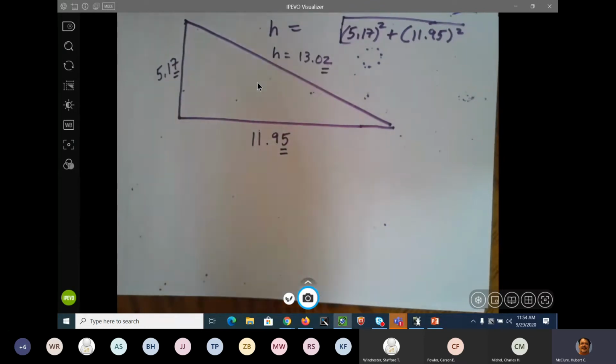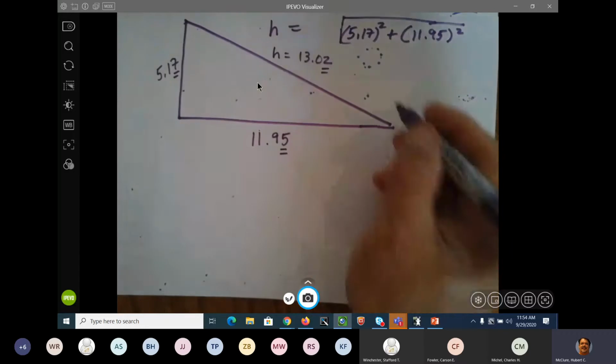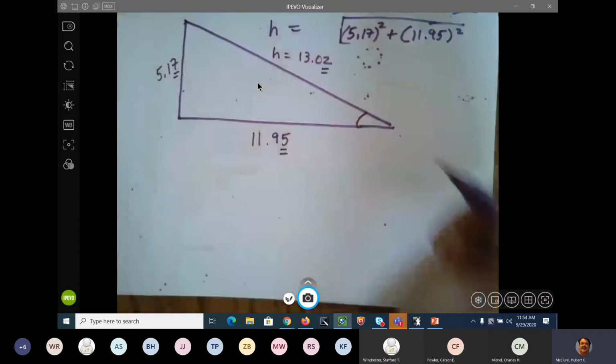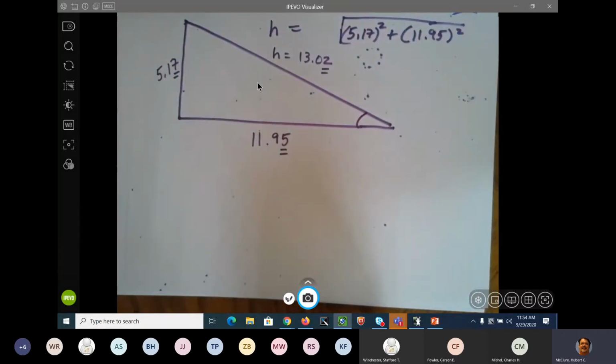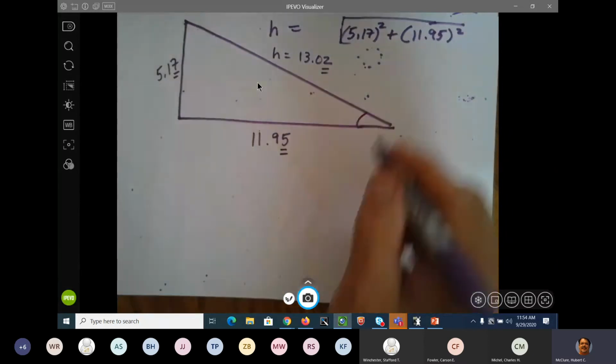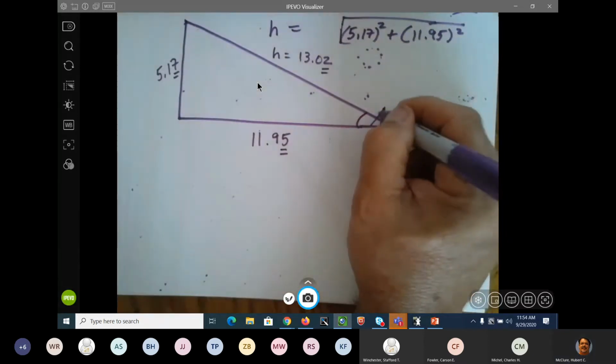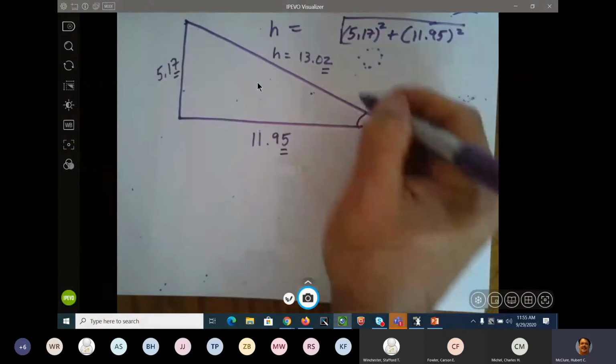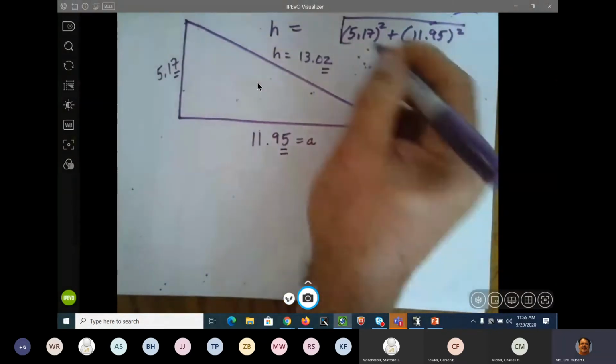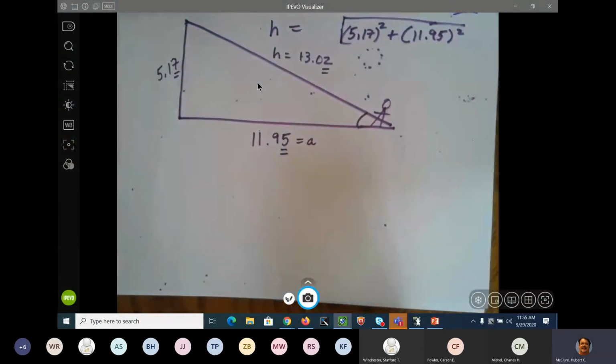All right, now I'm ready. I can do anything I want with this problem. I'm going to find this angle. Why? Because I'm going to fill out everything. So I put my little man right here, and his foot is on the adjacent, and his foot is on the hypotenuse. So that means I can use sine, I can use cosine, and I can use tangent.